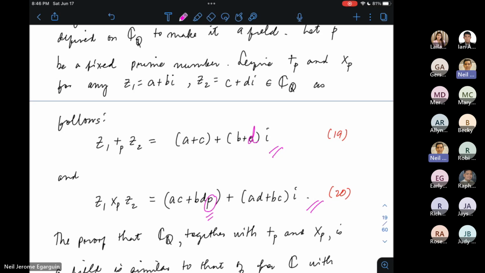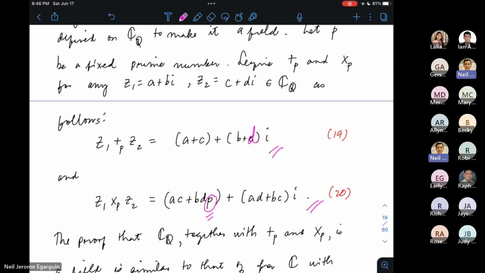So the definition of multiplication here is a bit different from example 2. This is not the usual multiplication on the complex numbers. The usual multiplication is the one defined in example 2. But example 3 will just give you an idea that even if you have the same set, you can define other operations on that set and still come up with a field.